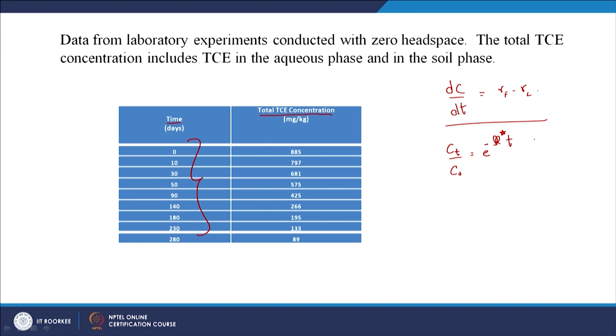As you can see, we can even replace Ct by C total here, or this Ct is the concentration in groundwater, but we have the total TCE concentration. So we have C total at time t, that's the total concentration.